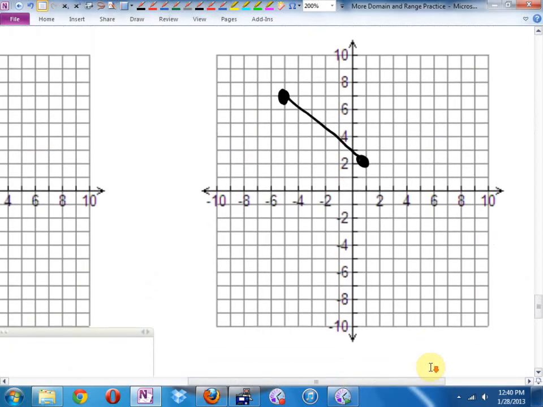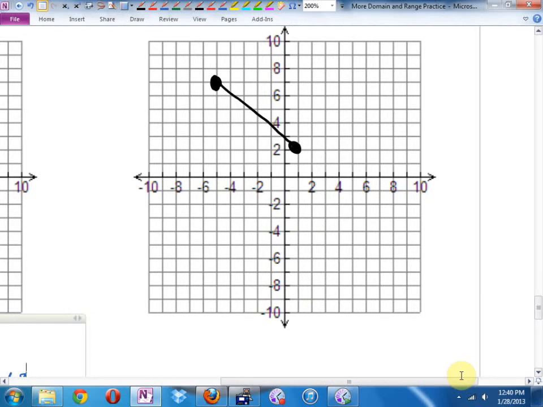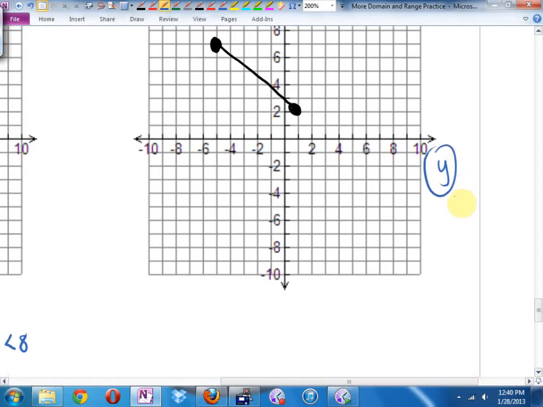Function? Yep. Try the domain and range on your own. I'll do them up here, see if we get the same thing.